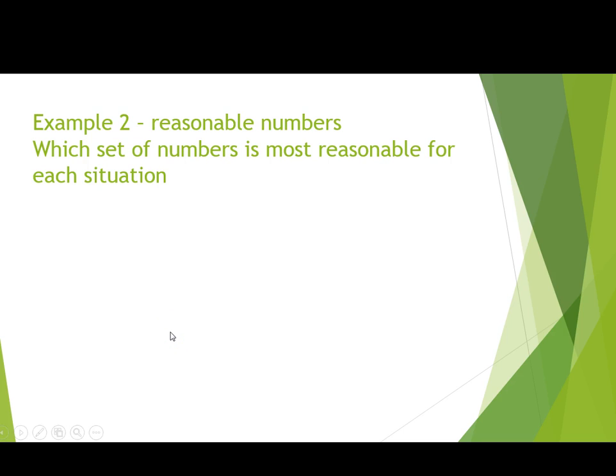Example 2 is about reasonable numbers. We're going to look at situations and ask ourselves, what's the best set that defines this situation? The first situation is, what set of numbers would we use to describe the number of students who will go on a class trip? Possible examples are 25, or a smaller group of 5, or 13.